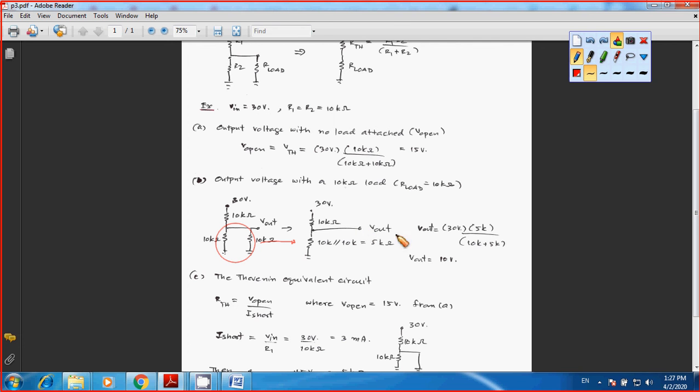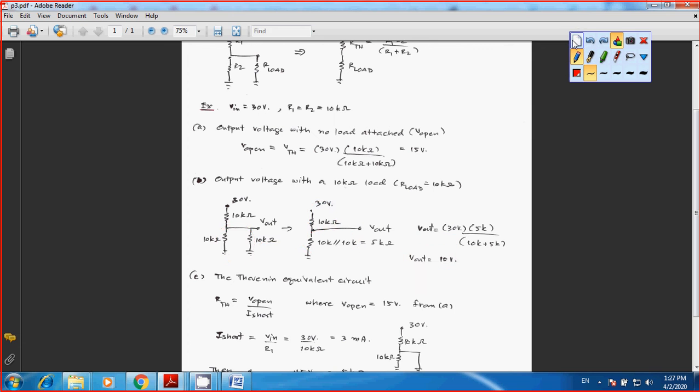So your V out is going to be equal to the input voltage 30 volts multiplied by the 5k ohms resistor divided by the 10k ohms resistor plus 10k ohms resistor, or R1. Finally, you have V out to be 10 volts.